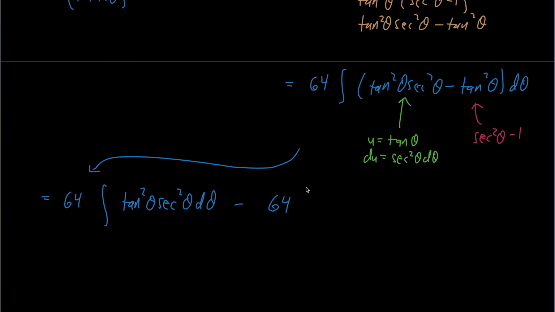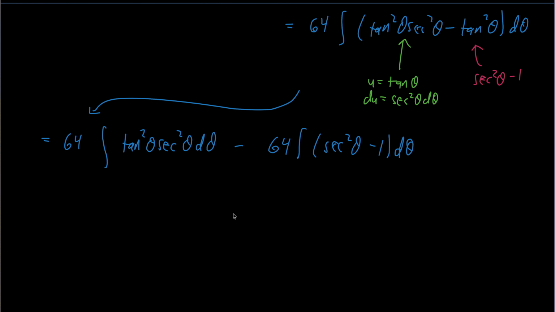And then I'll subtract 64 secant squared theta minus 1. Now, of course, again, we do the u sub on this. So this becomes u squared. This becomes du. Over here, this secant squared just goes to a tangent, and this goes to a theta when we integrate it.